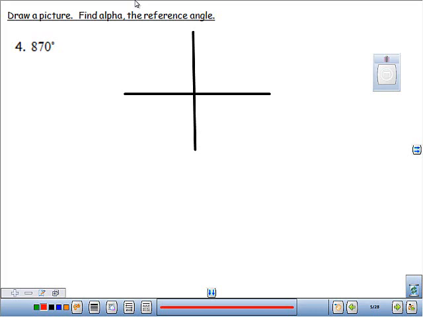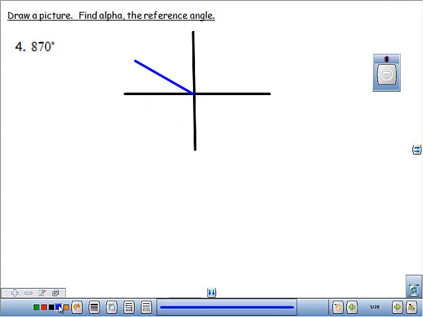So past 720 is how much we need to figure we're going to go, which is 150. So this is going to end up in quadrant 2 at 150 degrees, and then draw that very accurately. It's going to be more like here.